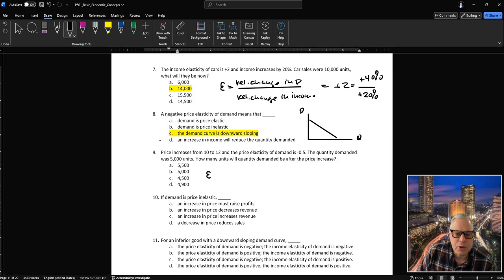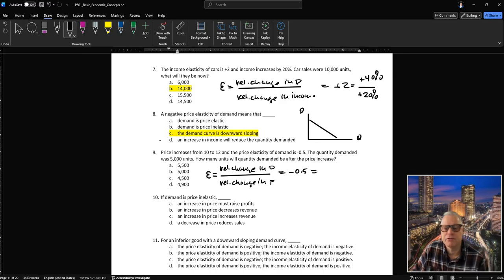So let's recall the price elasticity of demand is given by the relative change in demand over relative change in price, and this entire ratio is negative 0.5.